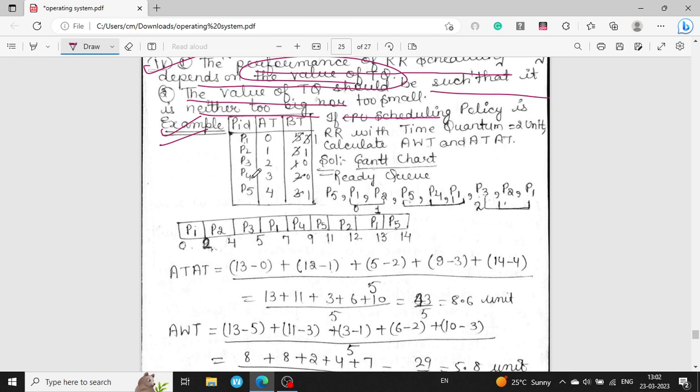After P5, P4 uses 2 seconds, and P1 also uses 2 seconds.